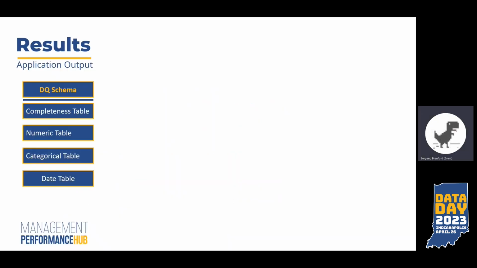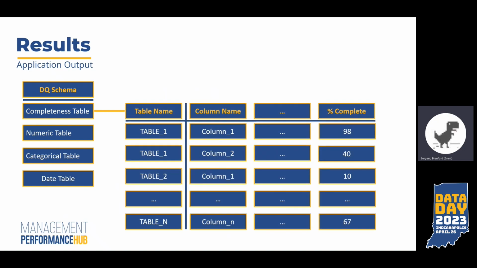This tool gave us an output which looks something like this, where the data quality schema gave 4 tables, 3 associated to each data type and their respective calculations, and 1 with the overall completeness score. So to give you an idea of what a table looked like if we opened one up, you would see columns like this: the table name, column name, schema name, and the respective calculations in each column.